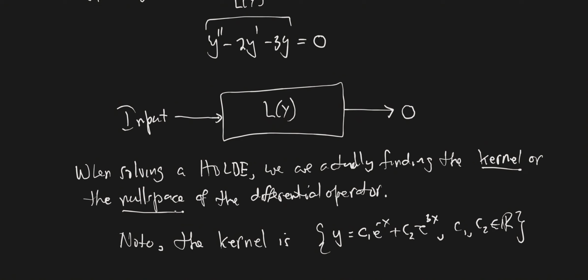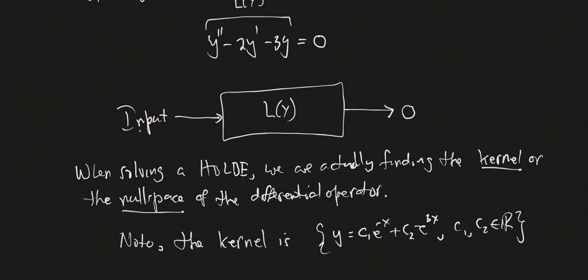And there you go. So I just wanted to give you a very different perspective, a different way of looking at differential equations. It's not just an equation that you manipulate, but you can literally think of it as a function or an operator or a transformation that takes a certain input.